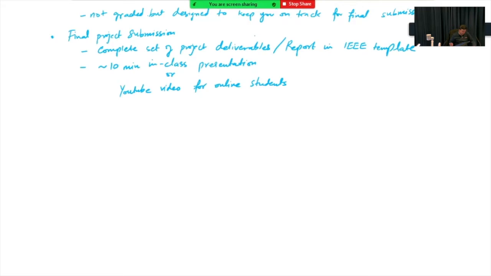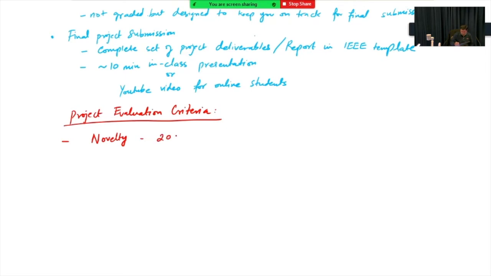Okay, so for the projects, the evaluation criteria is as follows. I just want to make everything clear up front so that you don't have ambiguity later on. For projects, novelty will carry about 20%. It has to be technically correct, which will carry the majority, 40%.